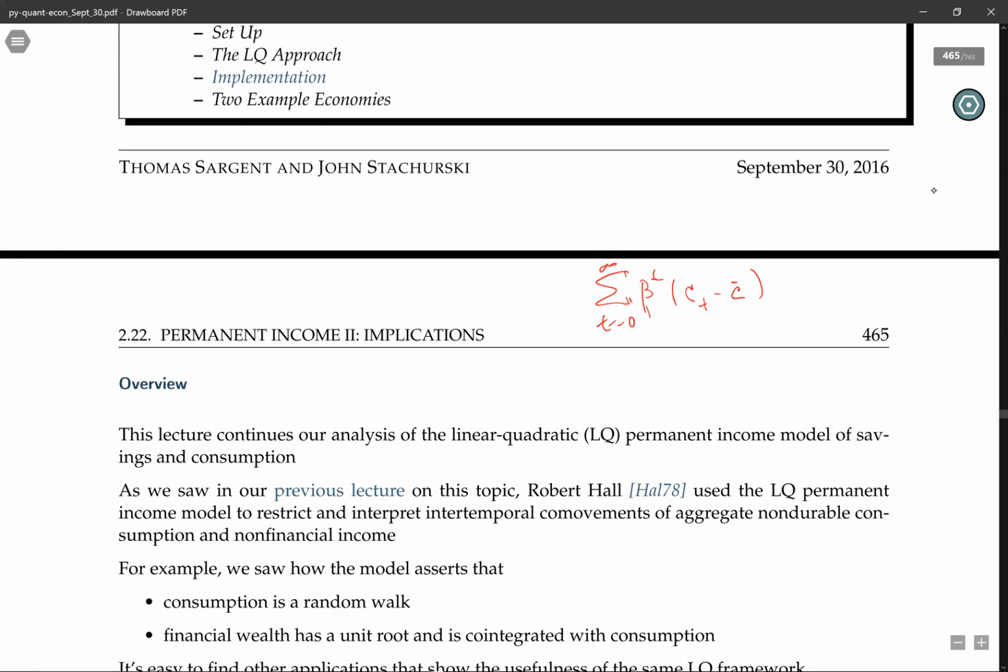Then the person has this choice, gets this, then gets the interest and the principal on his assets, which are just one-period assets, and he has this labor income, which is exogenous in this model.